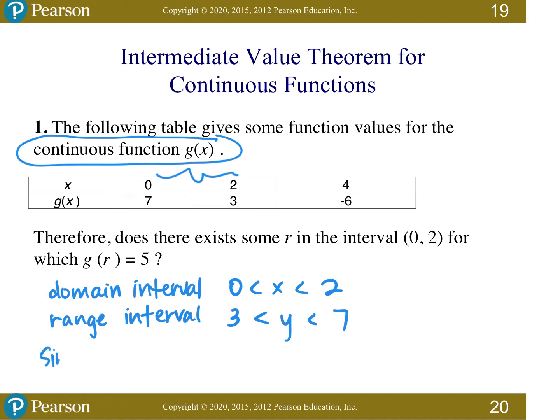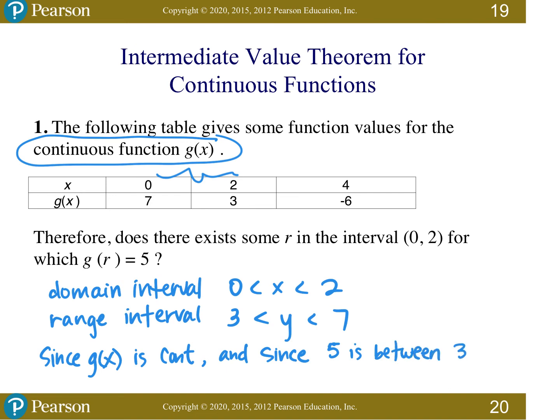So we say since g of x, this is how you would write it, is continuous, and since 5 is between 3 and 7, the IVT guarantees it.